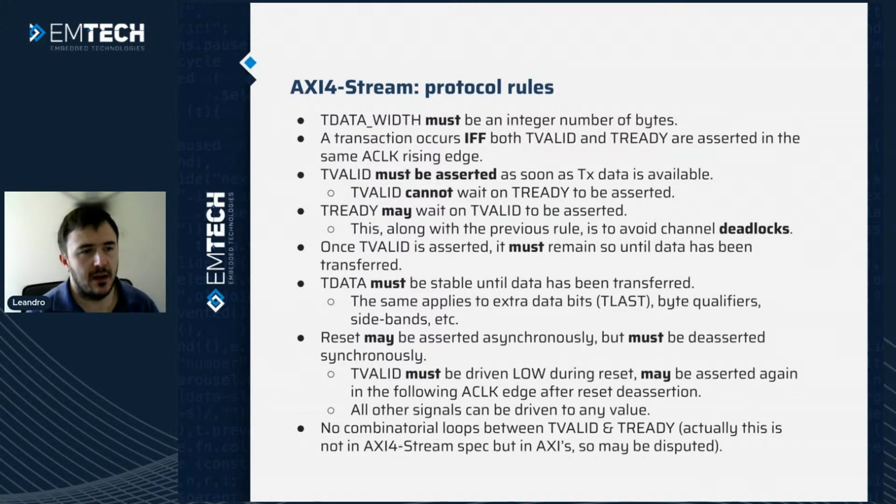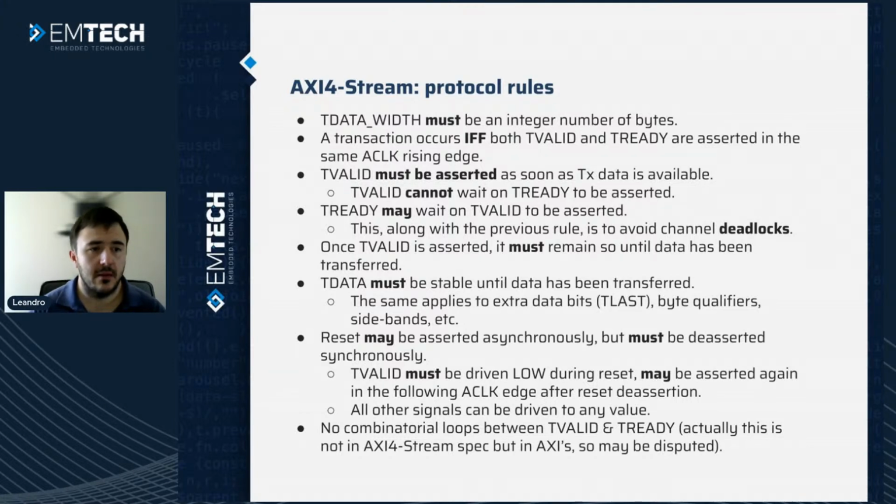Some rules about TVALID: it must be asserted as soon as there is data available. If you have data to give, you have to assert valid. And as a rule, you cannot wait on the status of TREADY. So TVALID has to be completely independent of what TREADY is doing.